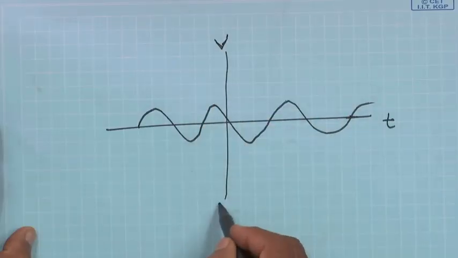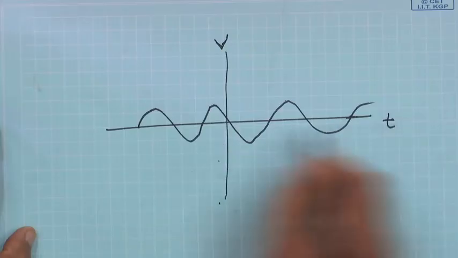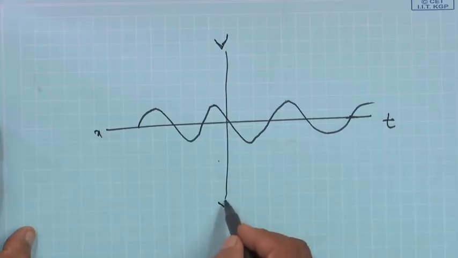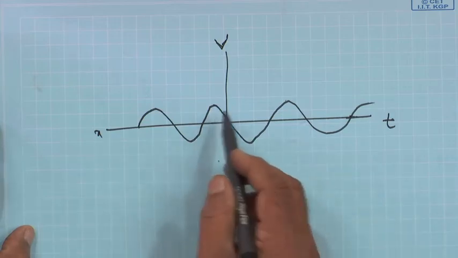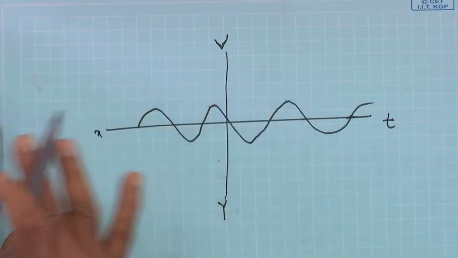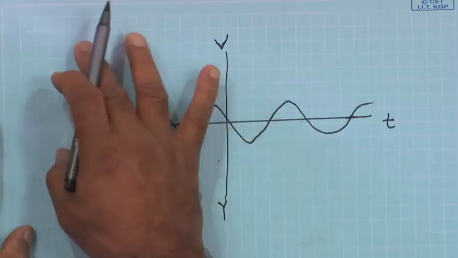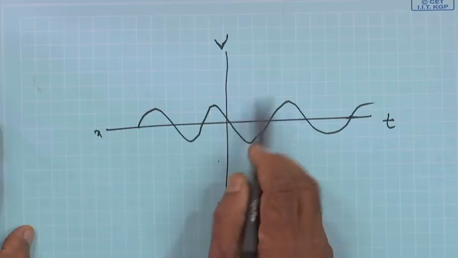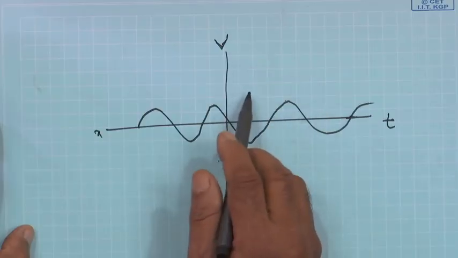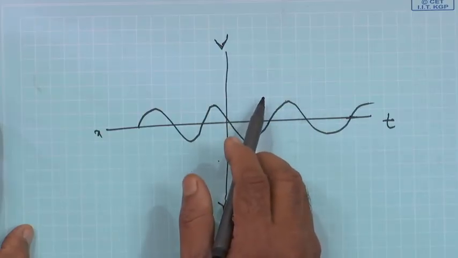On the screen it is a grid type, and scalings are there. Each one is 1 centimeter and in between 10 divisions are there.